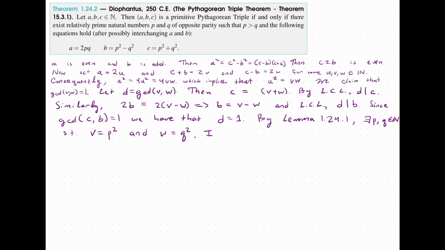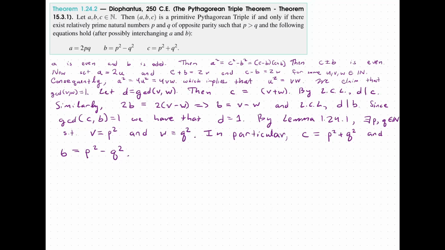So in particular, we see that c is equal to v plus w. So we have c is equal to p squared plus q squared, and b, which is equal to v minus w, is going to be p squared minus q squared.